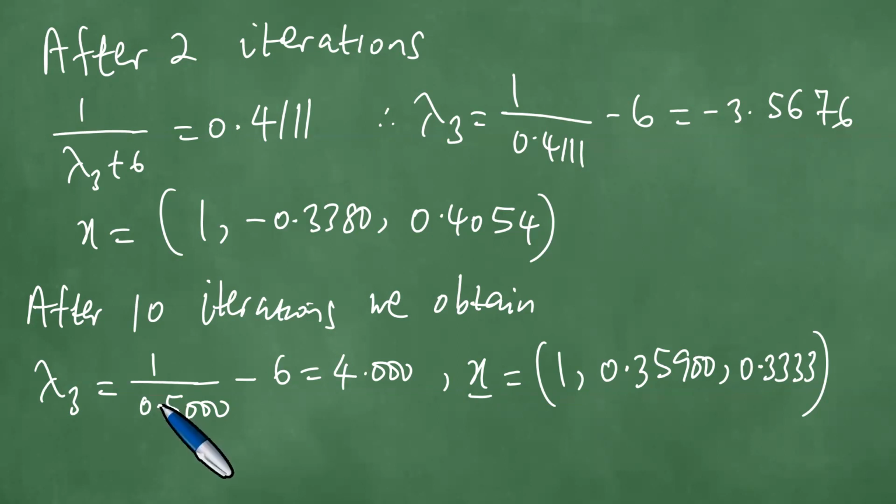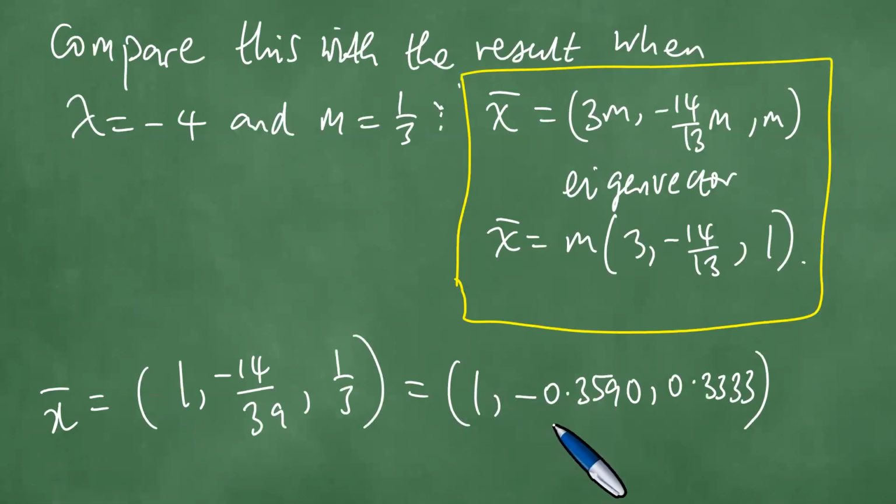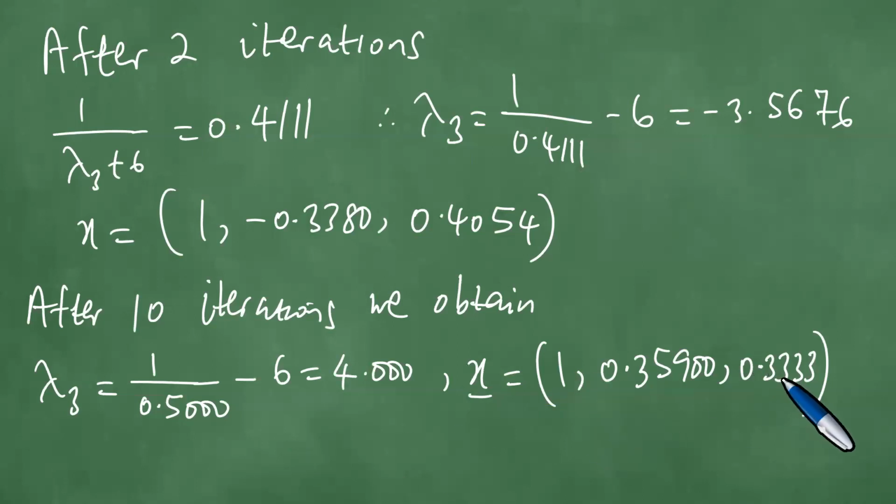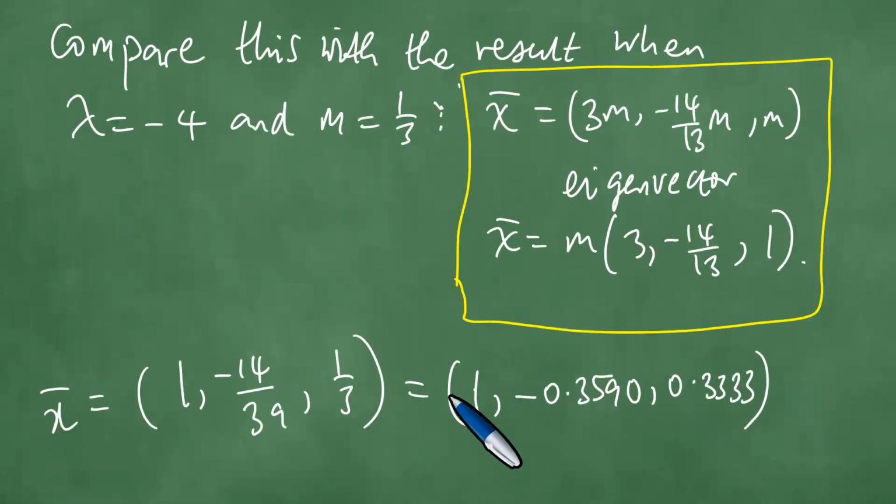Okay. Right. I want us to observe the sign difference in the middle entry. You can see that the 1 and the 0.33 match precisely, but there's just a sign issue here, in that this is positive here, but on this side it is negative.